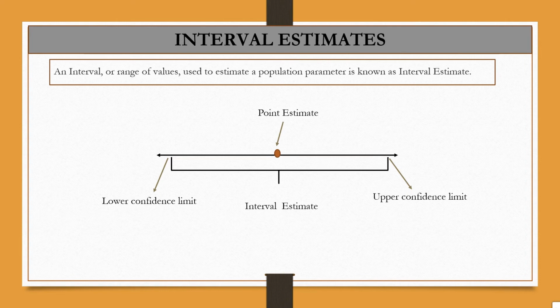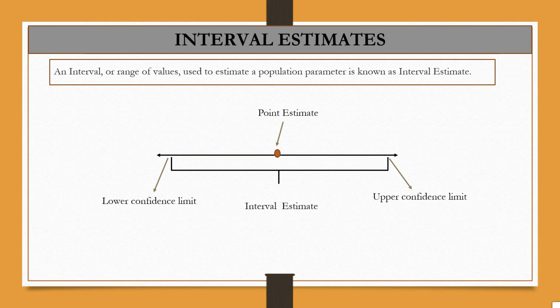Let's say you're trying to find the mean of a population. What you're going to do is build a range, and your value will lie in that interval. This way your output is going to be more accurate because you are not predicting a point estimate. Instead, you estimate an interval within which your value might occur.